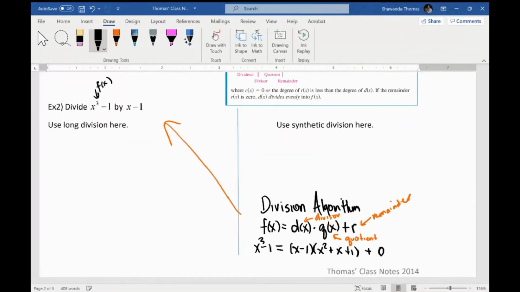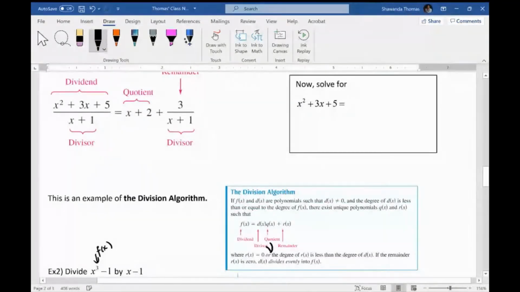If you had to write it, it would look like this, or sometimes WebAssign will just put f of x here. F of x is equal to x cubed minus 1. So if they say something about the division algorithm, that's how you would write it. And again, that's up here. We discussed it last week.